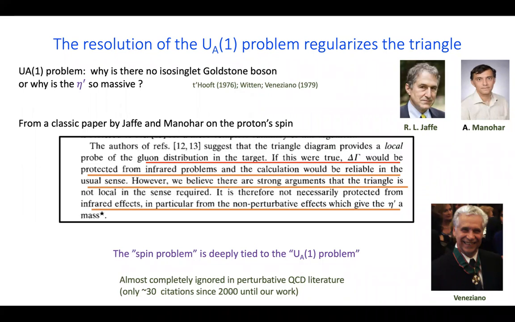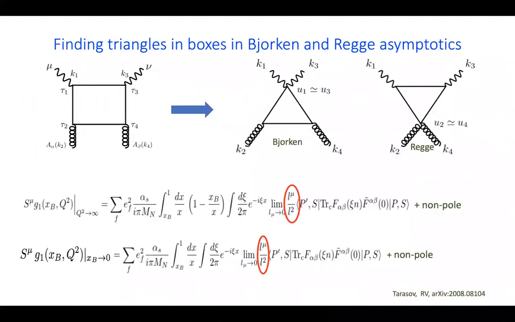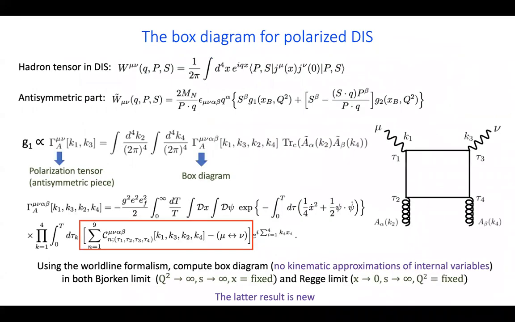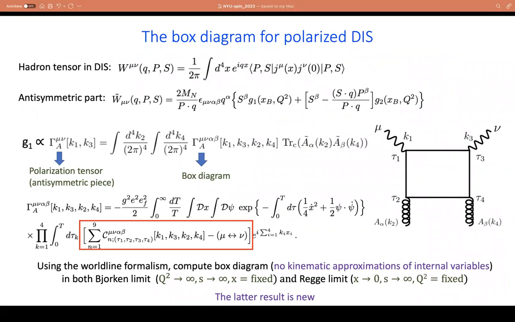And they argued that, and so a lot of people were doing perturbative QCD calculations of these kinds of box diagrams, and they were missing this pole. Okay, so they were doing exactly this calculation using Feynman diagrams, and they didn't find this pole at all. And the reason is because they were making collinear or high energy approximations of this result.